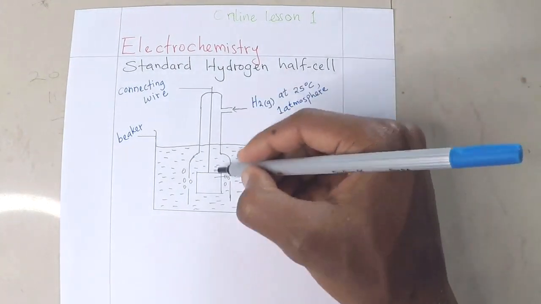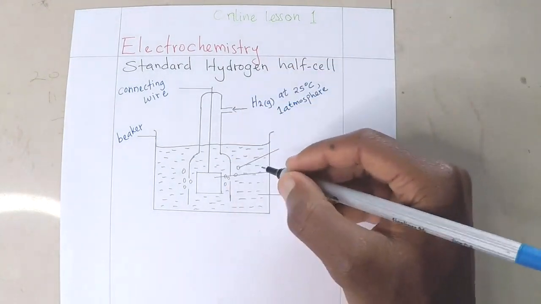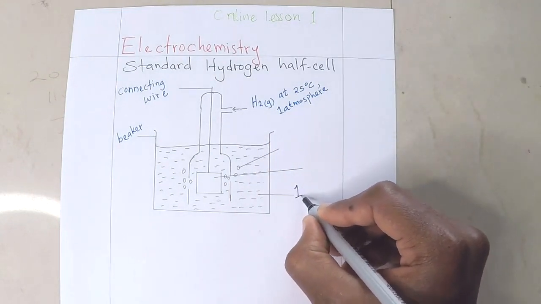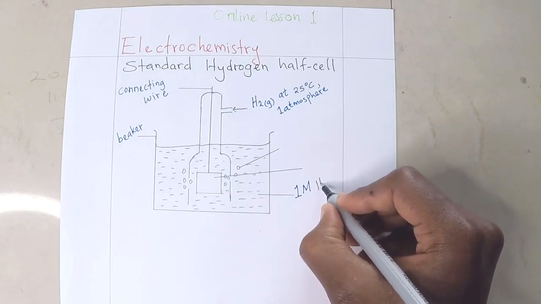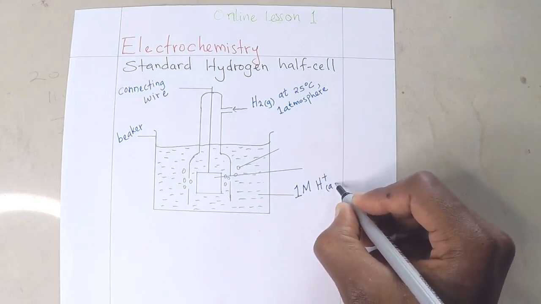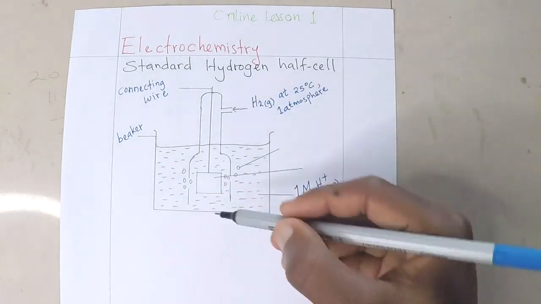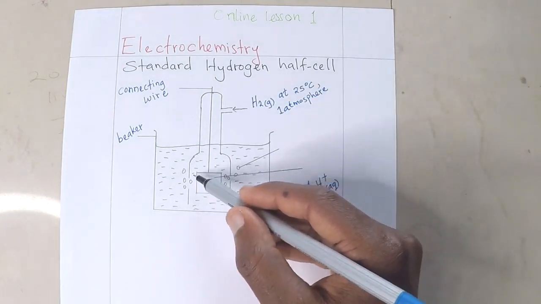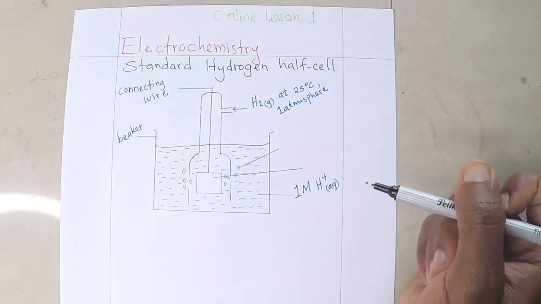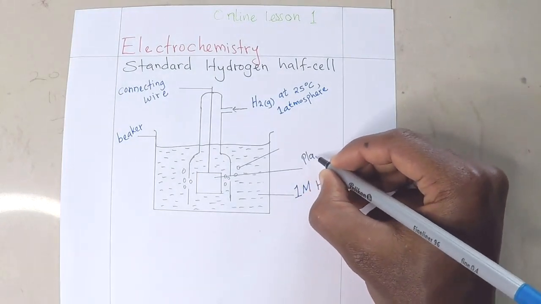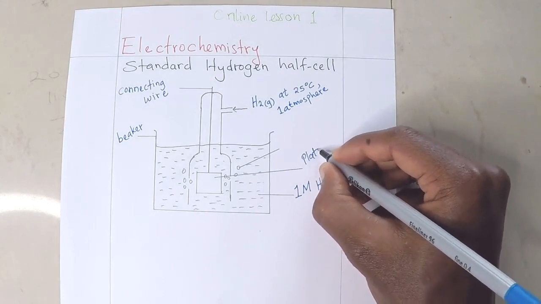Now when the hydrogen is pumped here, it meets up with the electrolyte, which is a solution containing 1 molar hydrogen ions. And the surface on which the hydrogen and the hydrogen ion system gets into contact is a platinized platinum metal.